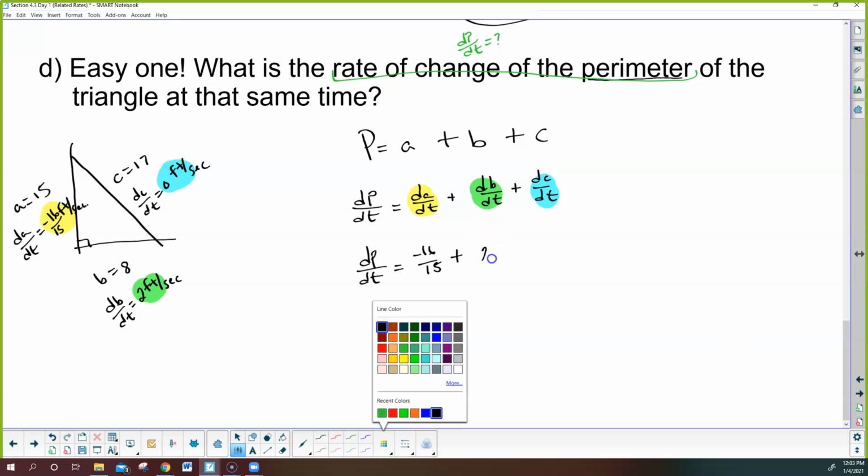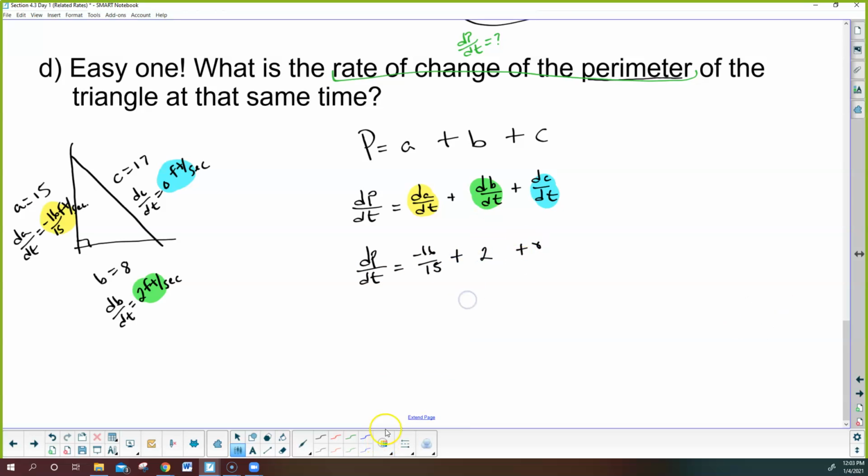So let's plug in what we know. And you could rewrite this as 30 over 15, right? Because 2 is the same as 30 over 15. And then you could add those together.